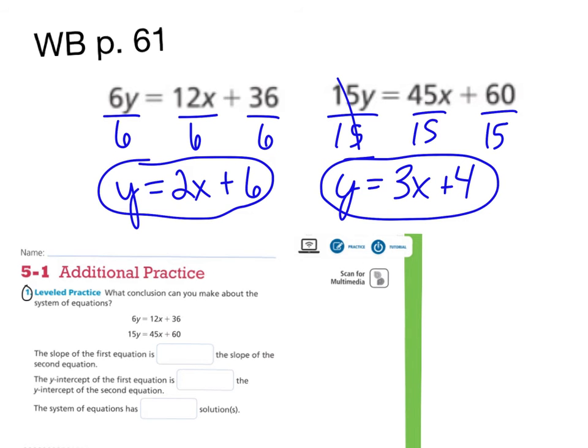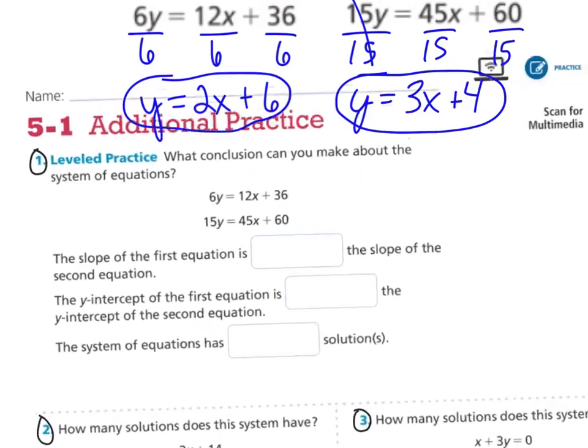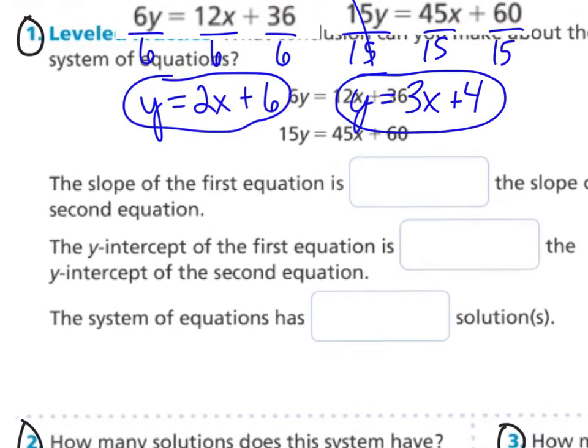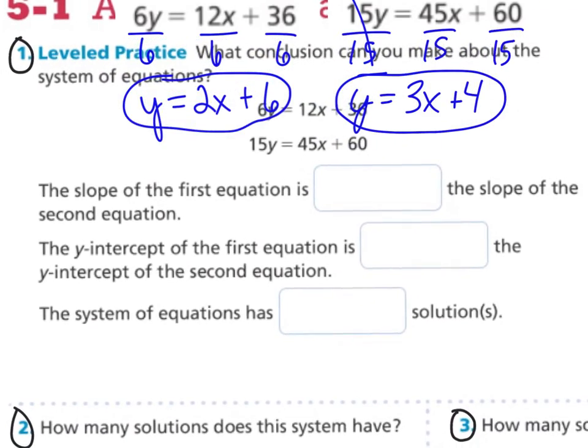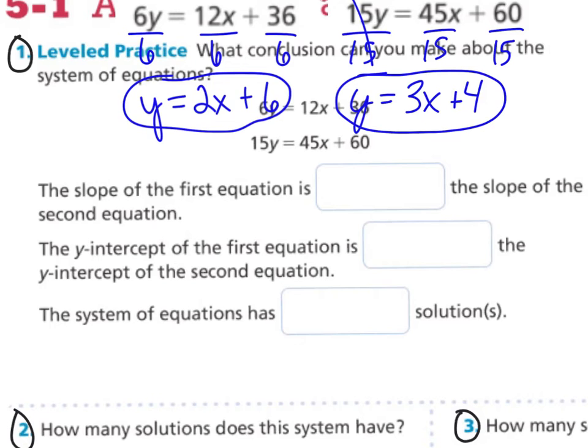So if we look at the boxes in our book here, the first one says the slope of the first equation is blank, the slope of the second equation. So slope of the first equation is 2, slope of the second equation is 3. Basically what we're trying to find is whether the slopes are the same or different. So slope is 2, slope is 3. Those are different slopes.